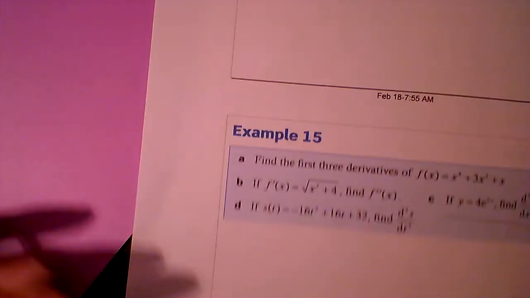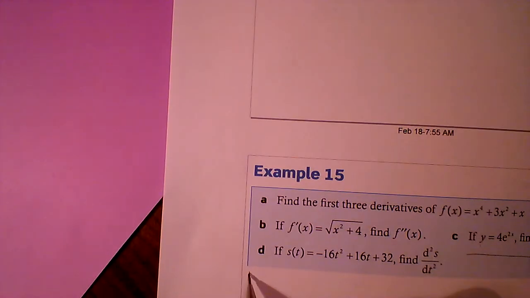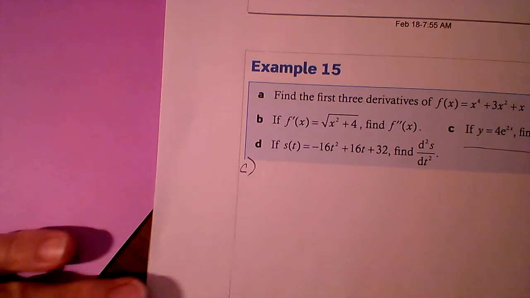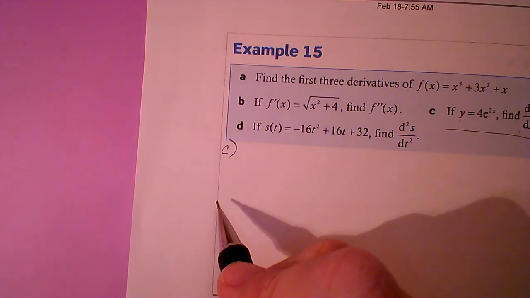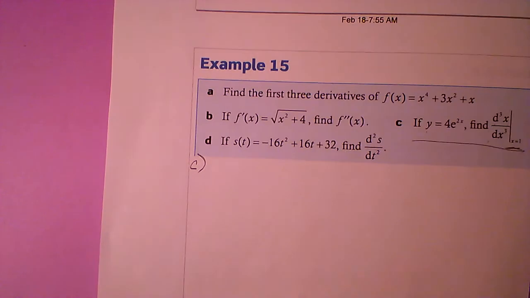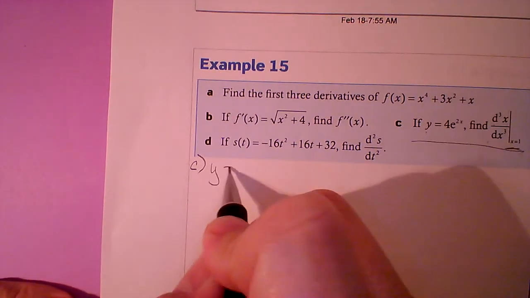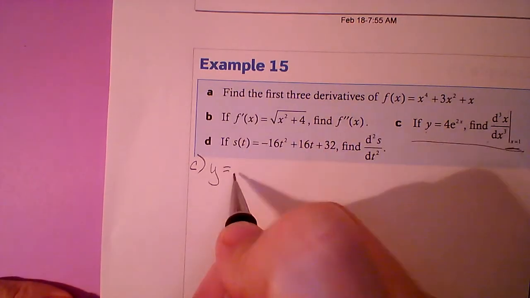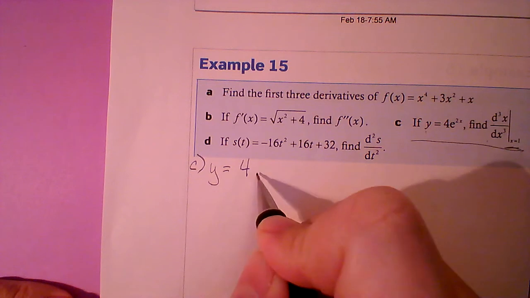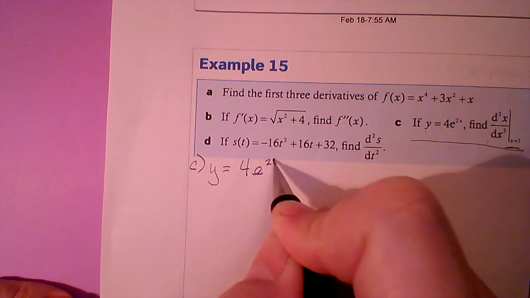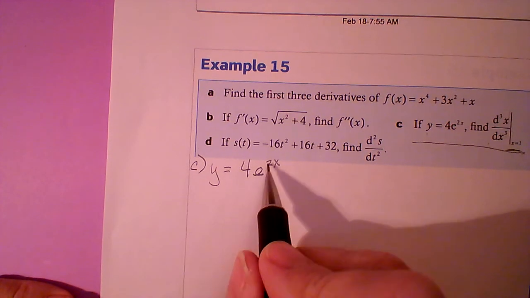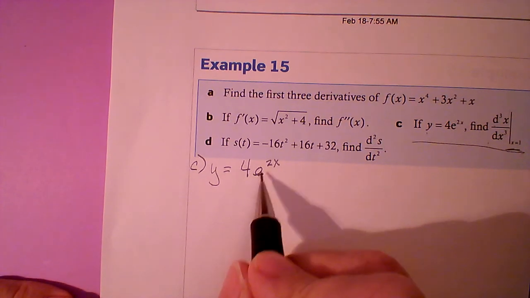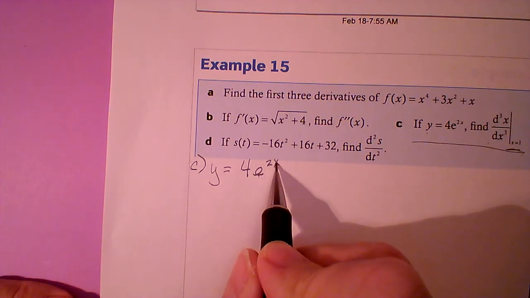So this one's going to take us a little while. Let me give myself some room. Let's start with C. My function is y equals 4e raised to the 2x. I have e as one of my functions, and then the 2x as one of my functions.